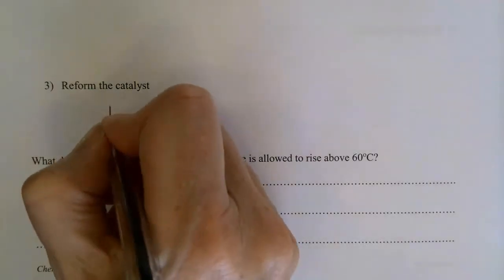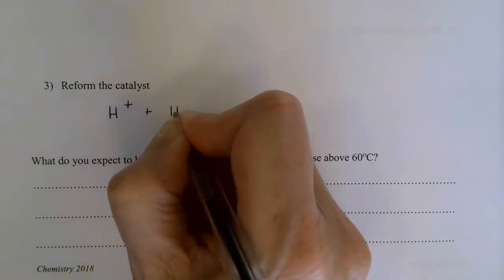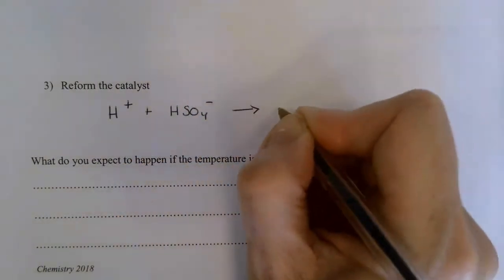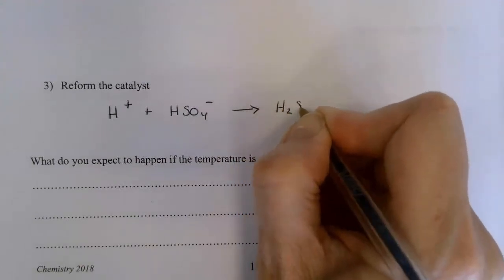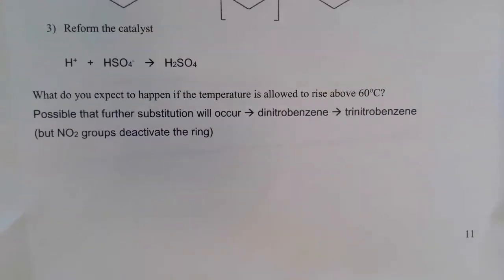Last but not least, we reform the catalyst. So remember I said at the start that it was the sulfuric acid which was acting as the catalyst. So that extra hydrogen ion that we've just generated goes to reform the sulfuric acid, and it goes back to H2SO4.